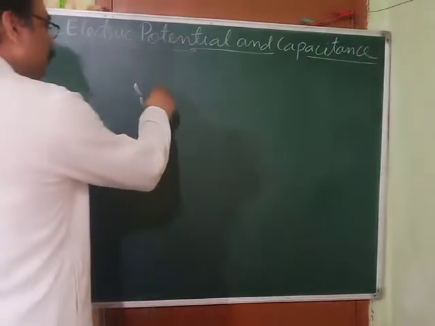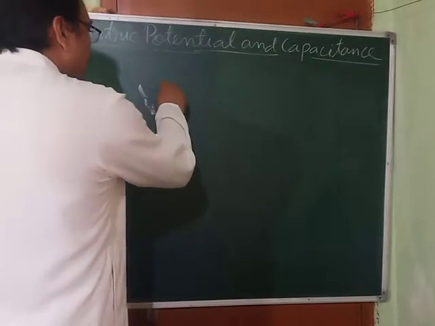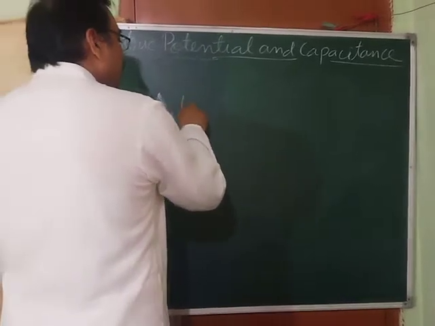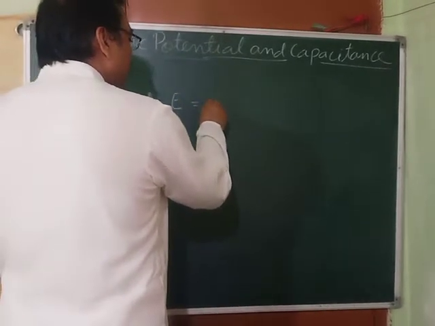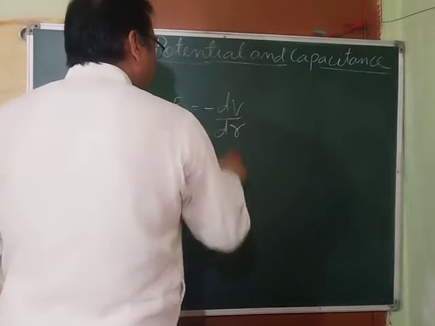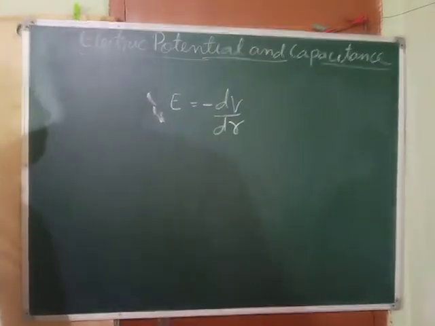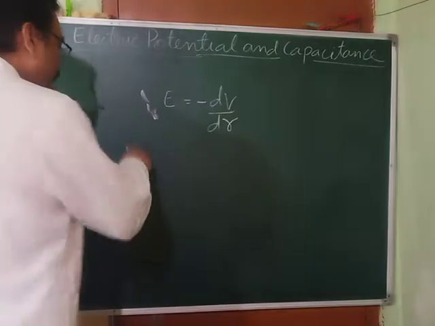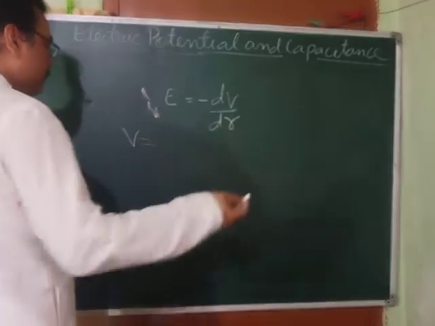As we know that E equals minus dV by dr. This we have already derived. So from here, suppose V is given in three dimensions.